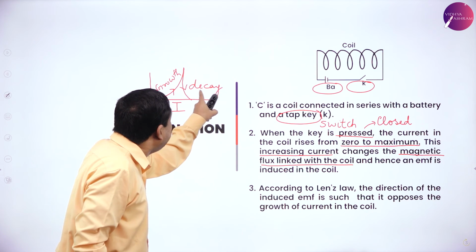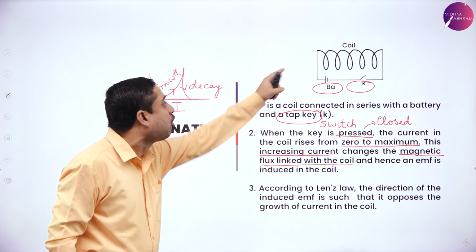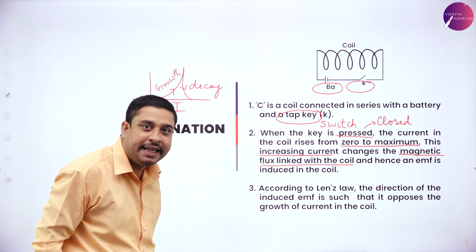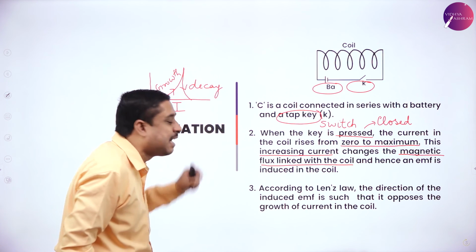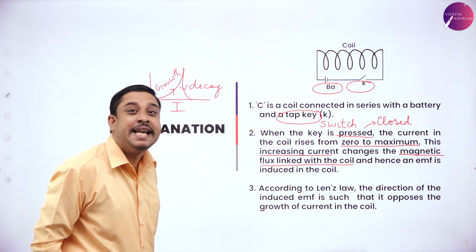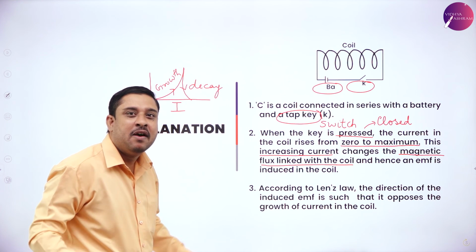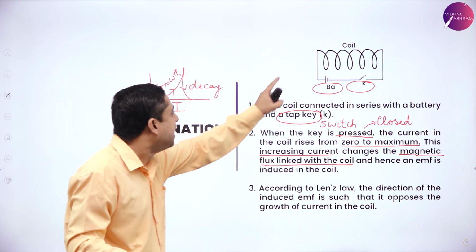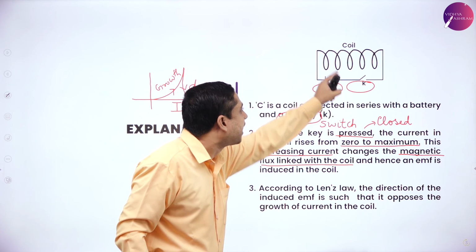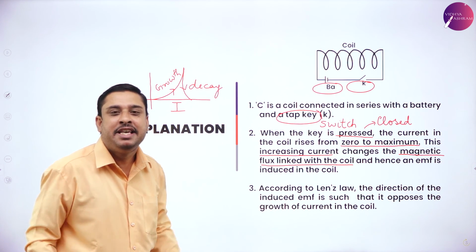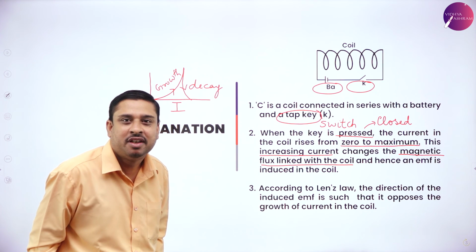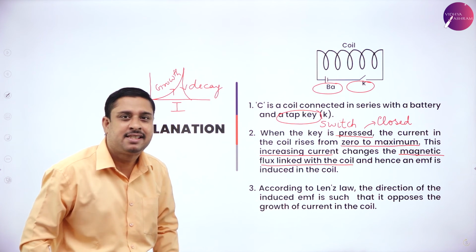There is decay of current in the coil, which means this decreasing current will again change the magnetic flux linked with the coil.